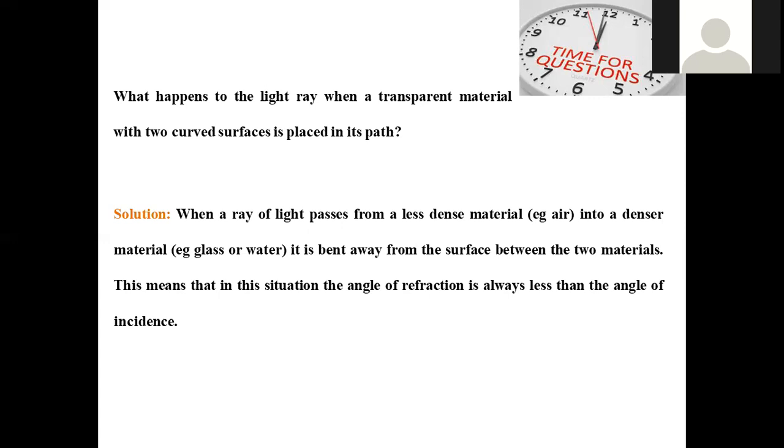That process is said to be refraction. So light is moving in a particular path, and we are inserting a lens containing two curved surfaces in the path of that light. What happens? It bends.